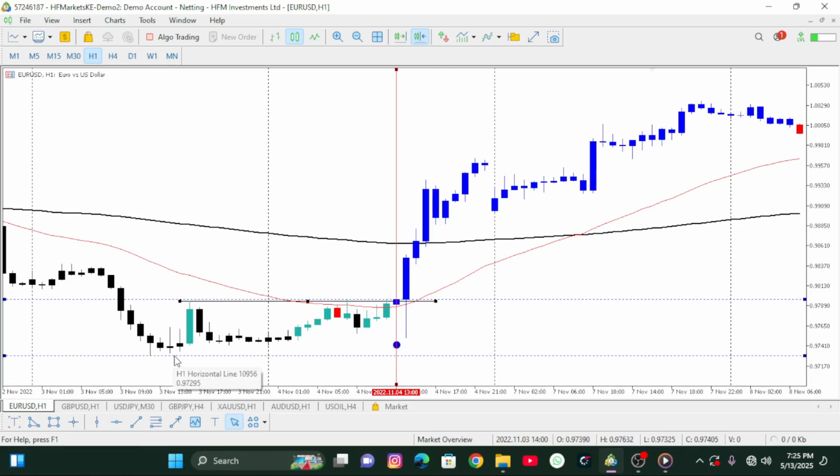But remember, for me personally, I don't enter trades where my stop loss is more than 30 pips. That would be quite difficult because I use my stop loss to get my position sizes.